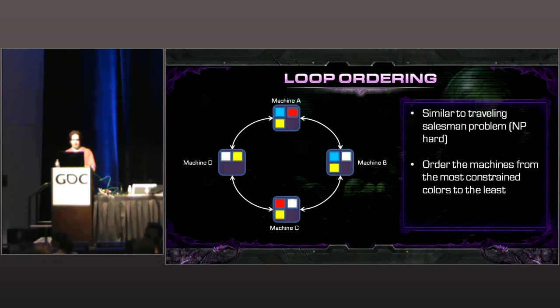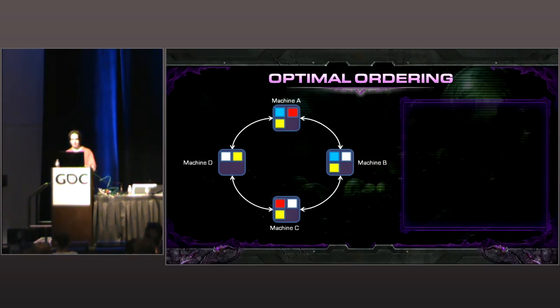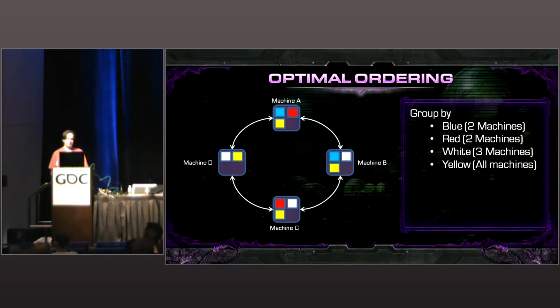So the solution is just to order machines from the most constrained task groups to the least, which in this case means we first assign red and blue as those are the most constrained, followed by white. For all intents and purposes, yellow can be ignored because it would have no impact on our results.